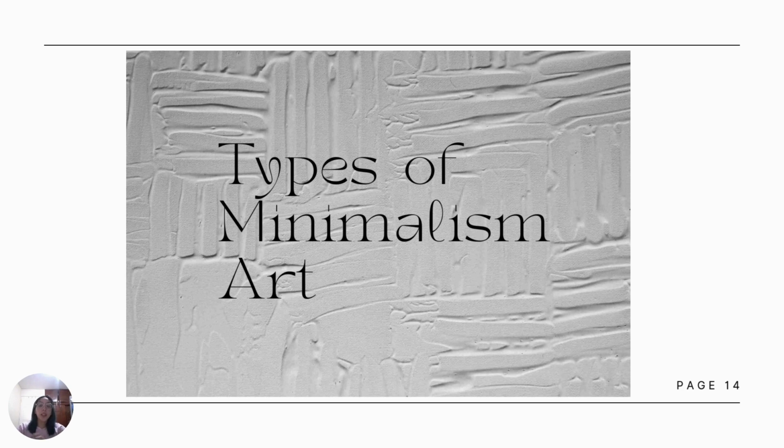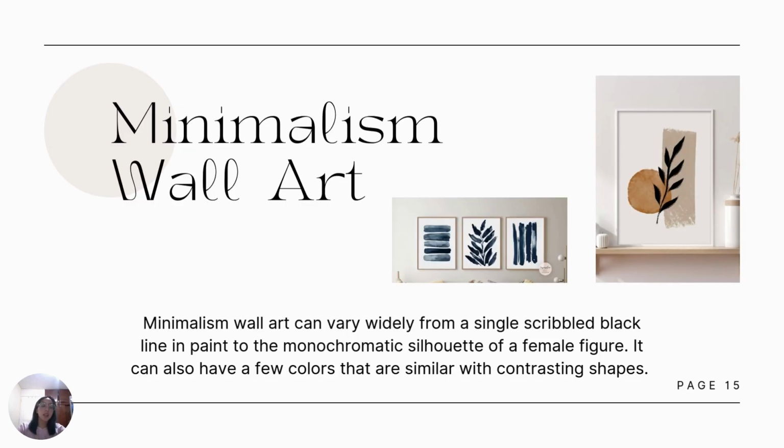We have three types of minimalism. The first one is minimalism wall art. It could be a monochromatic silhouette of a female figure, for example, or simple shapes with few colors or lines.